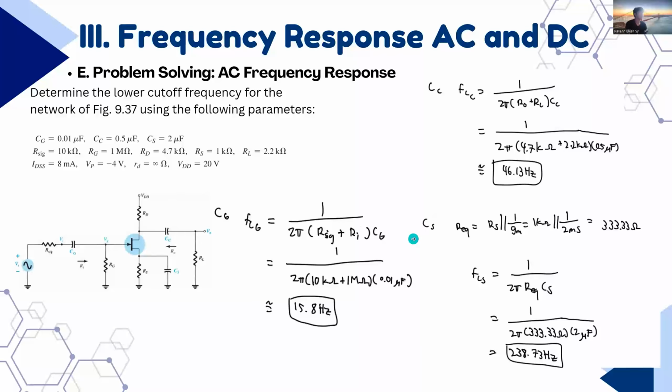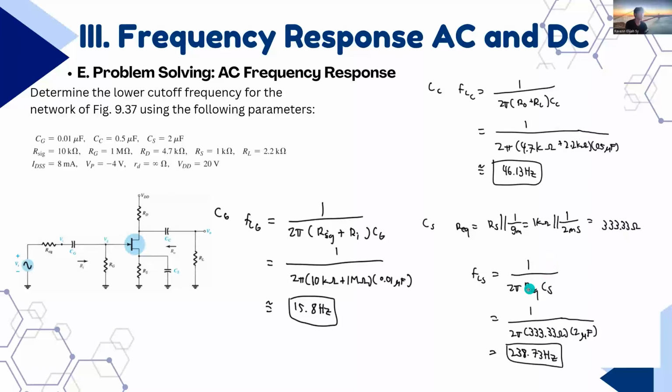Then for the CS capacitor, Req is equal to RS in parallel with 1 over gm. So we compute this, which will be our equivalent resistance, 333.33.